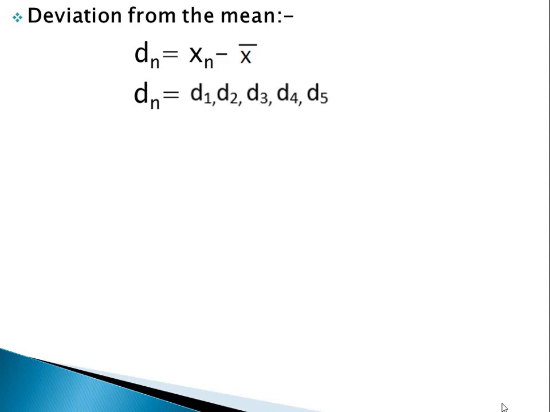We know that in our problem, total number of measured values are 5, so in this problem we will get the deviation from the mean as dn is equal to d1, d2, d3, d4 and d5. So for first measured value, deviation from the mean d1 is equal to x1 minus x bar.